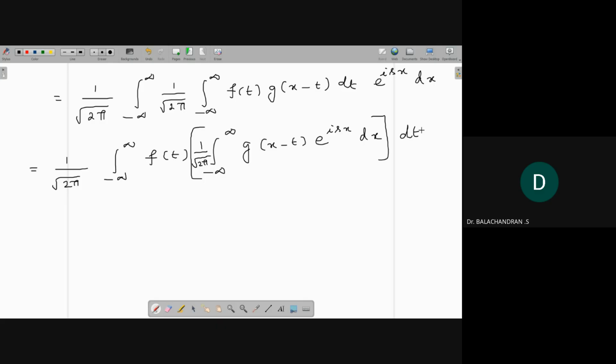So here I used the change of order of integration.